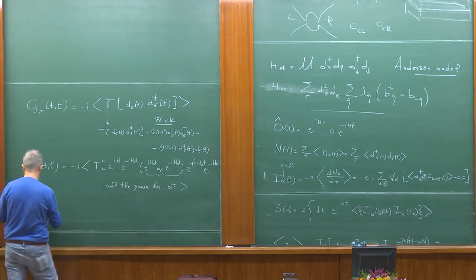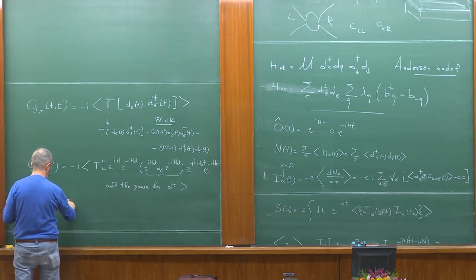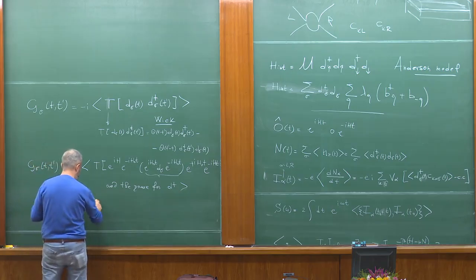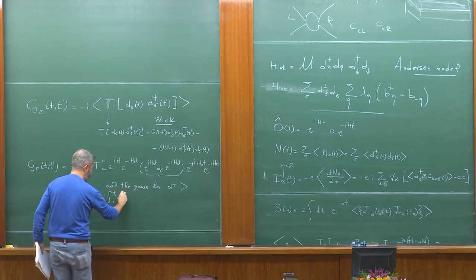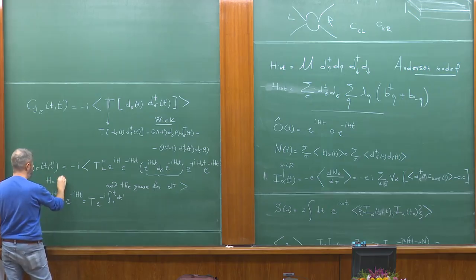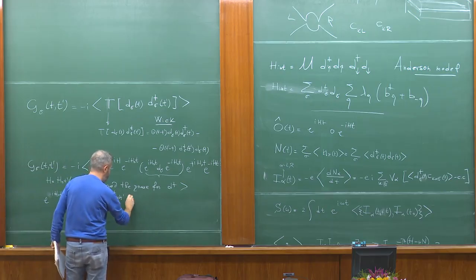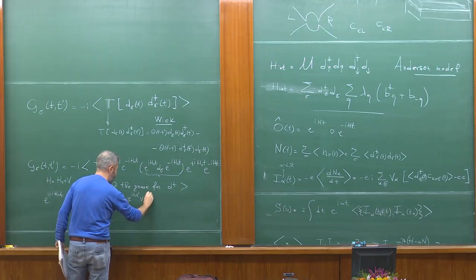So this thing here, e to the minus i, e to the i H naught t, e to the minus i H t, is the time-ordered exponential of e to the minus i integral 0 to t dt prime of, let's say that I wrote my H as H naught plus V, e to the i H naught t prime V e to the minus i H naught t prime.